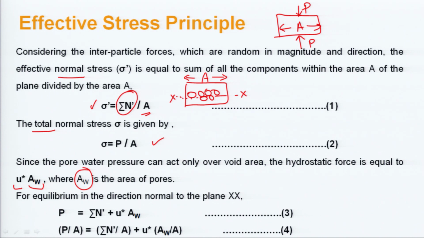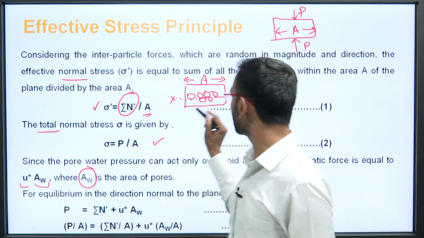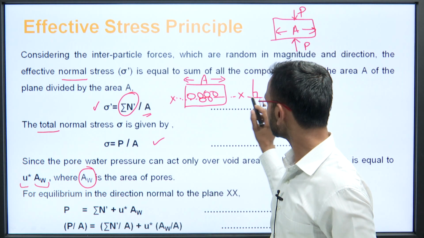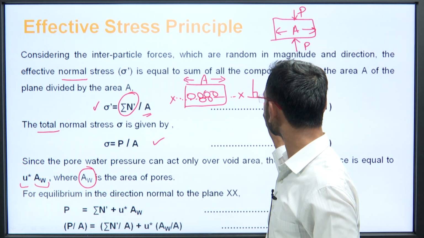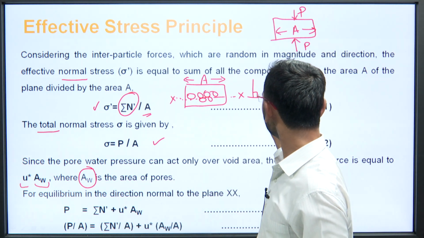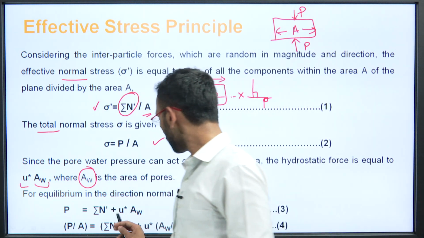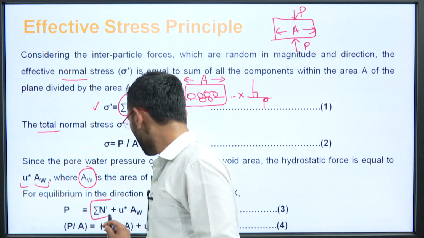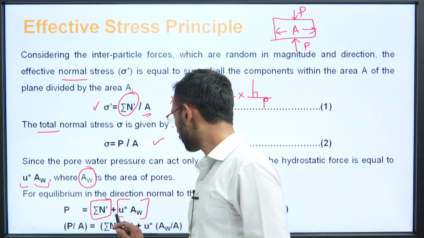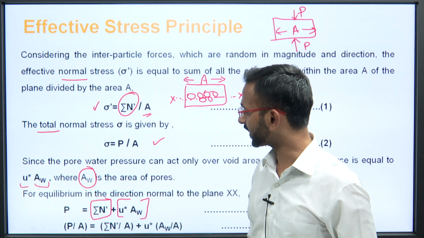So, for equilibrium in the direction normal to the plane XX, either from the top direction or from the bottom direction, P is equal to sigma N dash plus the hydrostatic force, the water, which will also be acting.